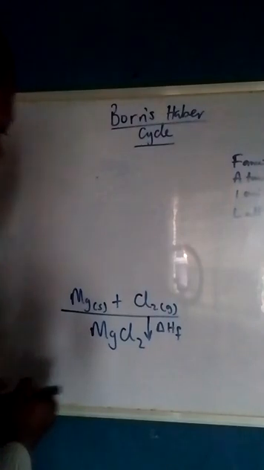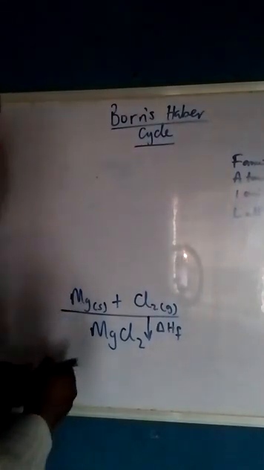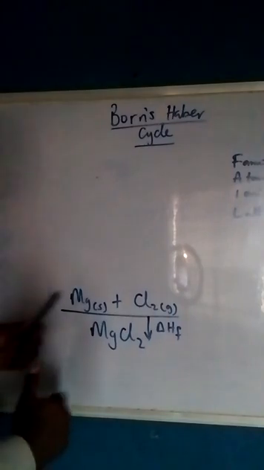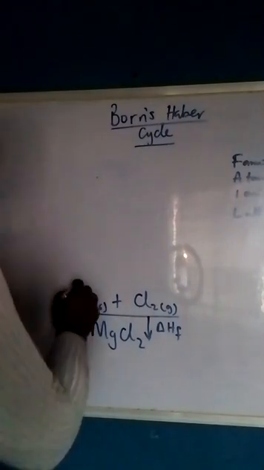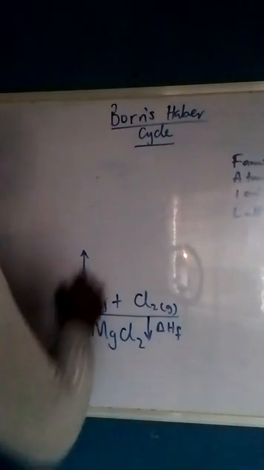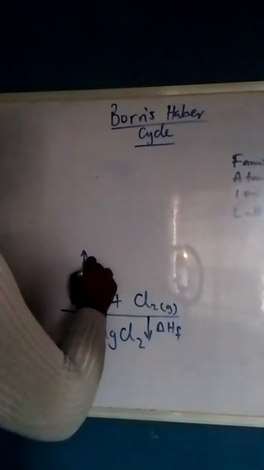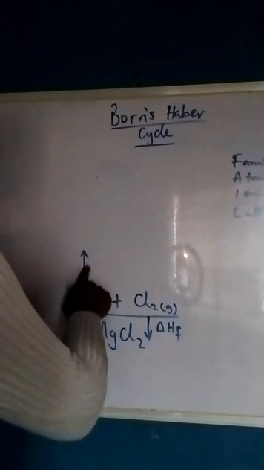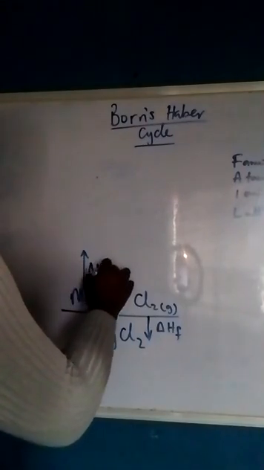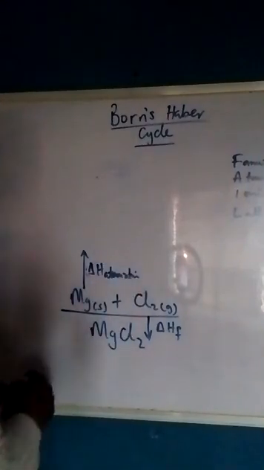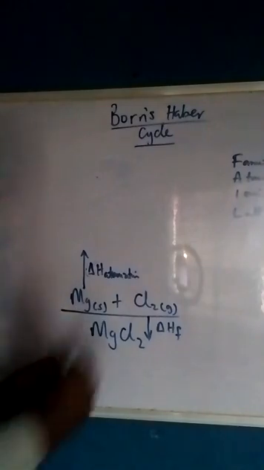Now once you're done with this, next is to atomize each of these, change them to their atomic state. So we have magnesium, which will sublime. This is delta H of atomization. It's also called sublimation because solid is changing into gas.